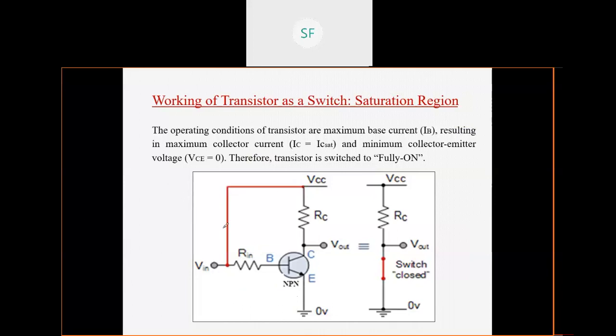This red line, this red connection is nothing but it is given to VCC. That means now your Vin, that is input voltage की वैल्यू क्या है अभी, it is equal to VCC. In earlier case it was 0. VCC मतलब आप ऐसे रख सकते कि मैक्सिमम वोल्टेज दिया है आपने इनपुट को.